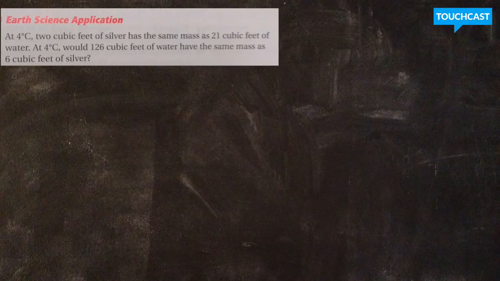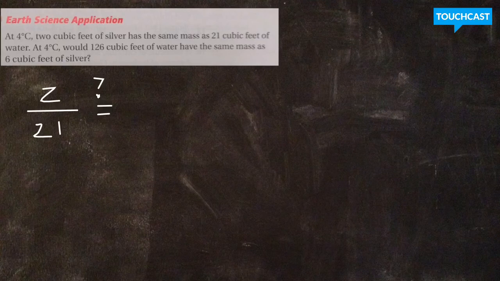Since both parts deal with 4 degrees Celsius, we know that 2 cubic feet of silver over 21 cubic feet of water is going to work. But what we need to find out is whether that will be in proportion with 6 cubic feet of silver to 126 cubic feet of water.